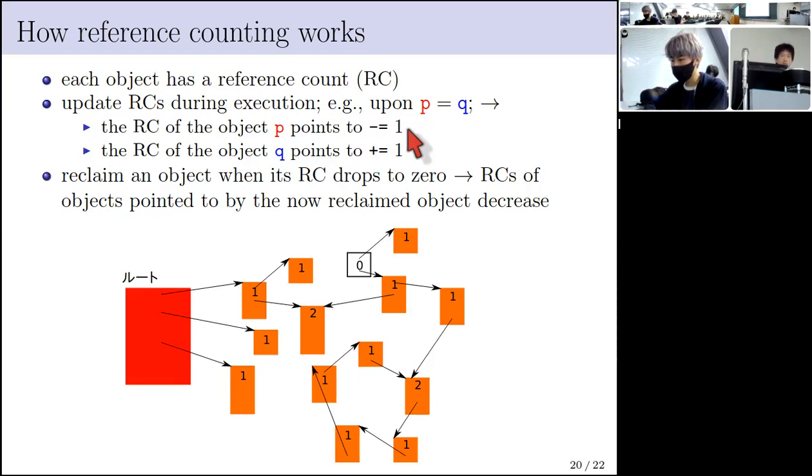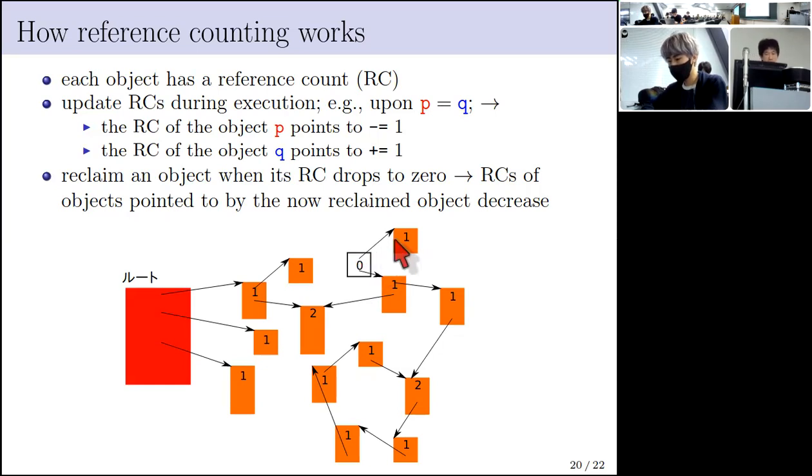But this way you can imagine that you can maintain the reference count of each object during the execution, albeit with some overhead, right? So let's say one of the objects' reference count becomes 0 as a result of a statement like this. Then, okay, let's say this happens on this object.